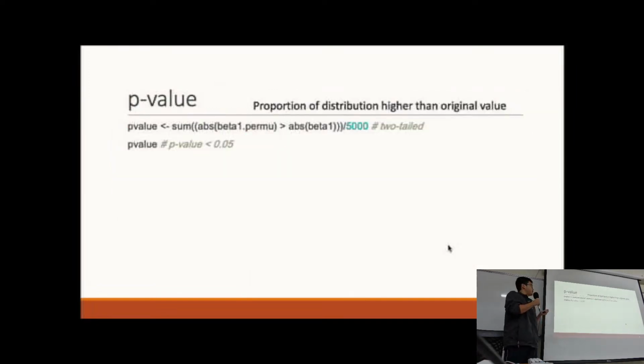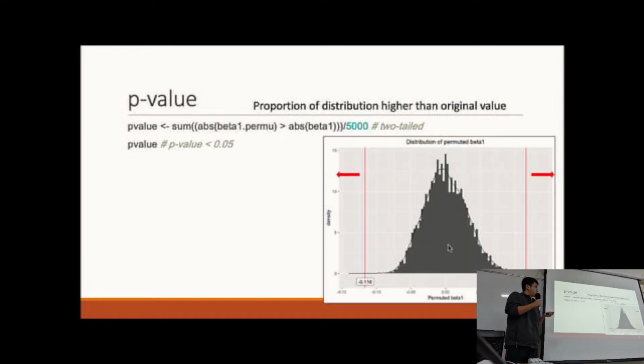And finally, I calculate the p-value. The definition of the p-value is the proportion of the distribution higher than the original value. So I use this code to calculate the p-value. Because it is two-tailed, I consider the positive value and the negative value.